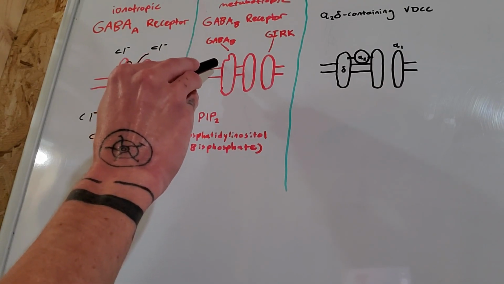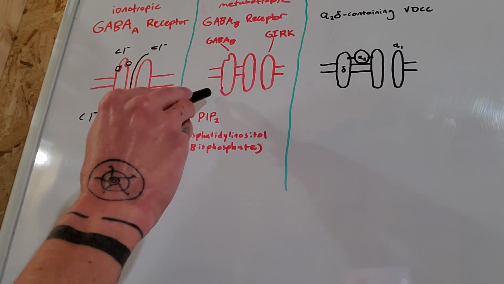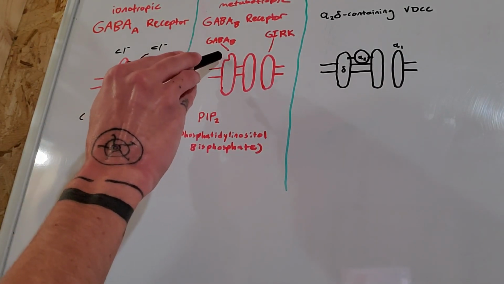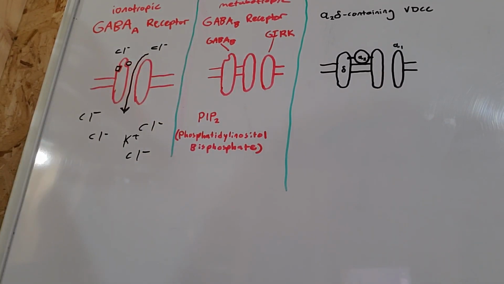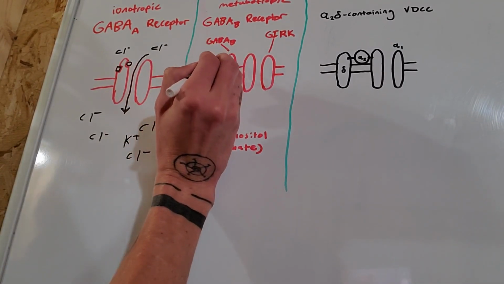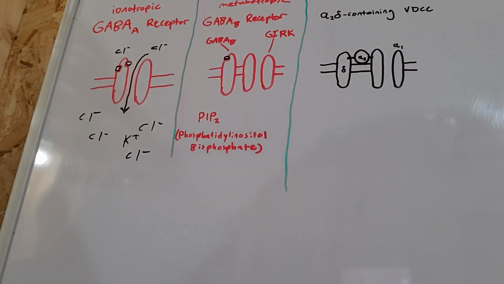It's a transmembrane receptor. It goes through the membrane. And when something binds to the orthosteric site on it, let's just say it's phenibut, it doesn't directly open a channel pore or anything. It doesn't cause the influx of ions directly.